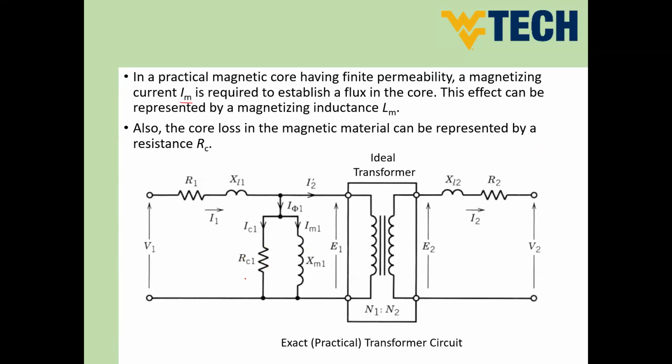This core resistance is a virtual resistance, which means we don't have a physical resistance inside a transformer called core resistance, but this resistance can be calculated or identified from the core loss of the transformer. Later on, we will discuss how to identify all of the parameters of our transformer. Now, this is, guys, a practical transformer. This is the exact equivalent circuit of a practical transformer.